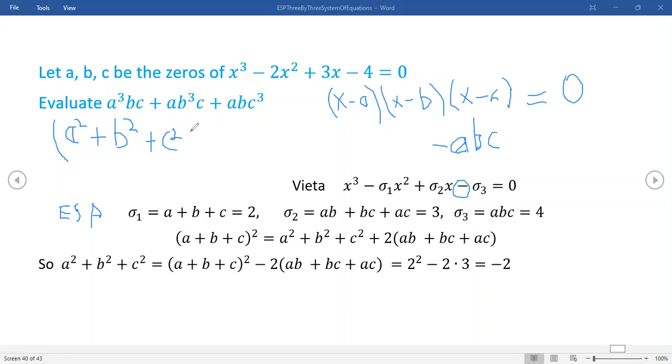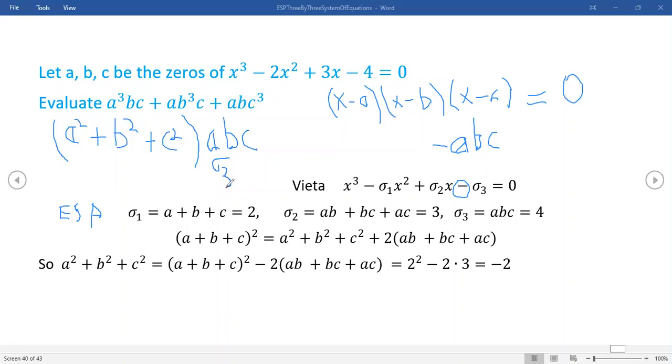Let's envelop that in parentheses. But what's left over in each case? See how convenient this is? This works out kind of nicely. We get ABC, but notice ABC is just equal to sigma sub 3.